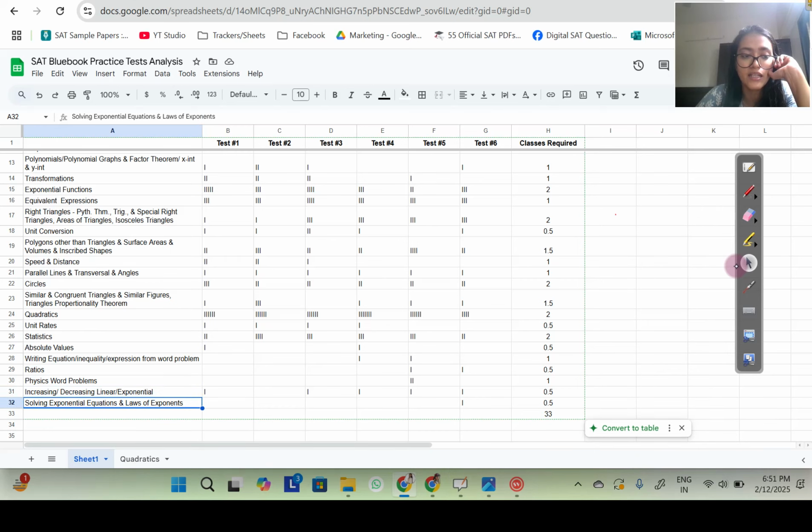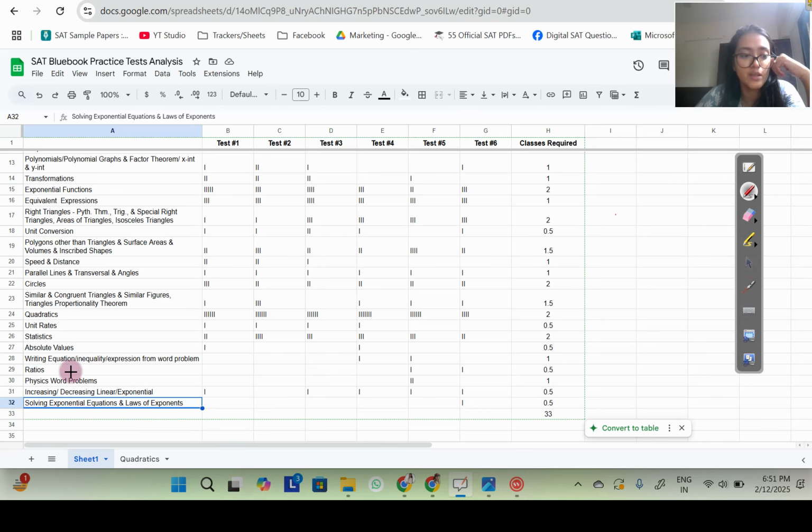And then solving exponential equations and laws of exponents. I saw only one problem based on this, in test number 6. But even if you're getting only one problem from a certain topic and only in one test, you cannot ignore it.